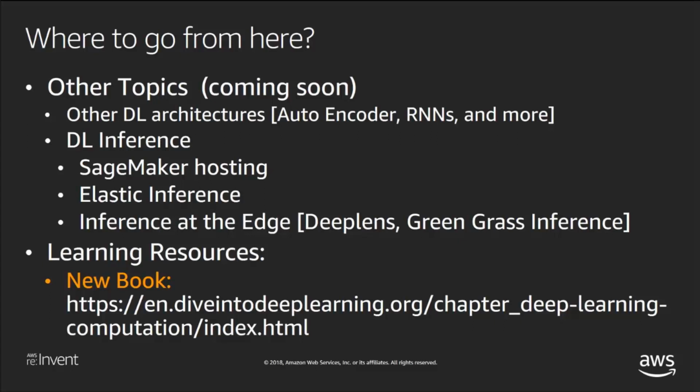There are other topics I will go into in more detail in future broadcasts. One is autoencoders. These are other machine learning algorithms that are very interesting, and they let you do anomaly detection. RNNs are for time series data sets.